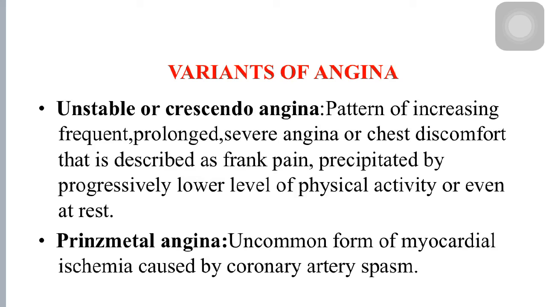Stable angina is a type of angina in which the myocardial ischemia and the myocardial pain will occur only on exertion, and it will be relieved by taking rest or by using vasodilators. Whereas unstable angina or crescendo angina is a type of angina where the myocardial ischemia or myocardial pain will be seen even at rest. Whereas Prinzmetal angina is an uncommon form of myocardial ischemia caused by coronary artery spasm.